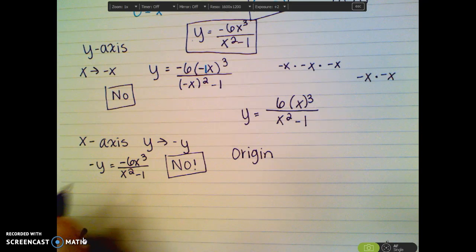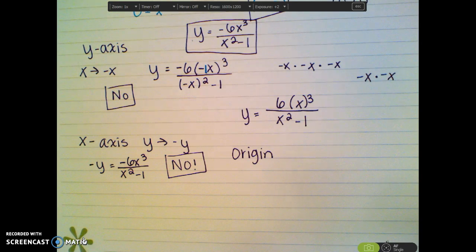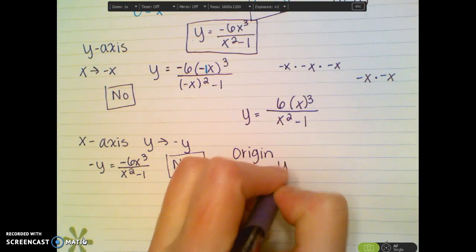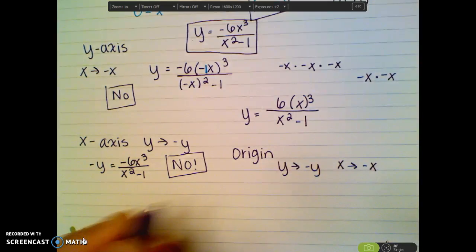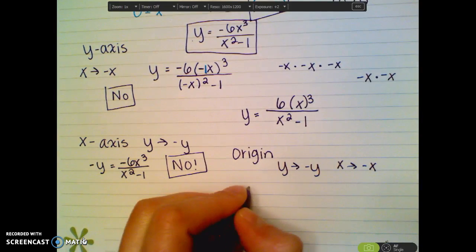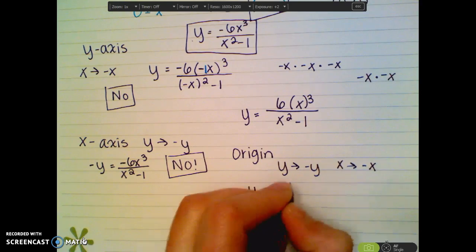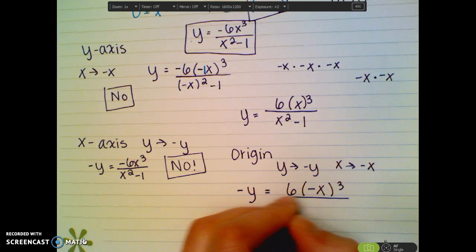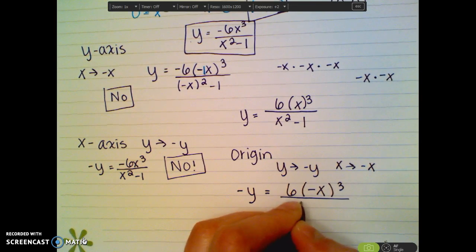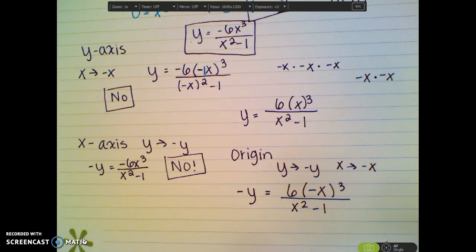So if we're looking for symmetry with respect to the origin, we're going to replace both x with negative x and y with negative y. Y with negative y and x with negative x. Okay. So negative y equals 6 times negative x cubed over x squared minus 1. And I am going to go just a hair faster on this.